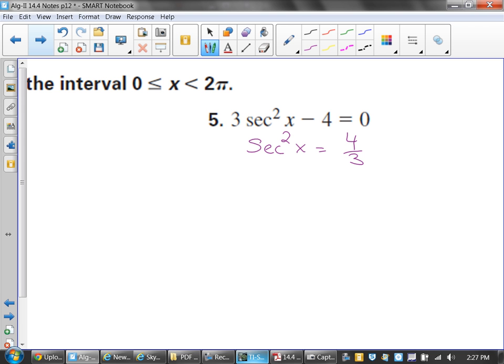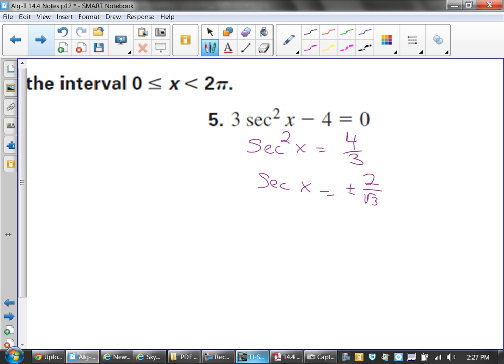Now there's one of two ways you can go about this. What would you do next? Square root it. If I take the square root of both sides, I get secant of x is plus or minus 2 over the square root of 3. Everybody okay with that? All right. Now, from there, what is secant?